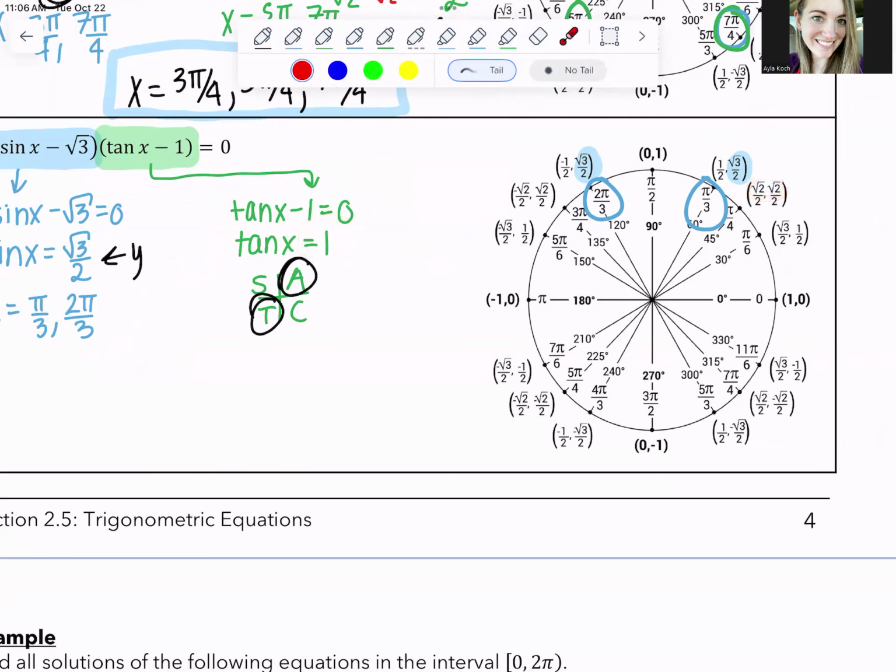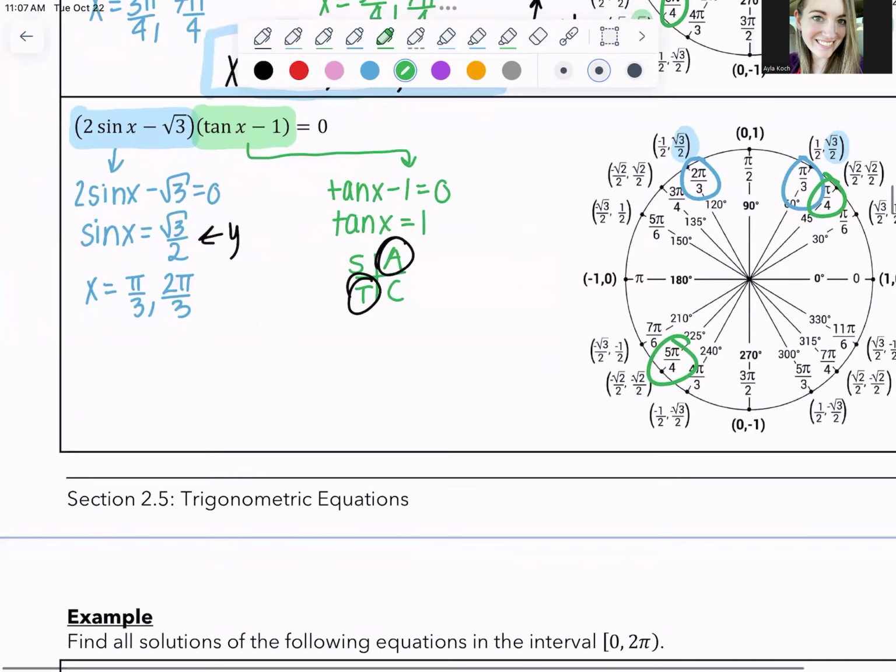Square root 2 divided by square root 2 is just 1 when you divide these guys. So it's the pi over 4 angle in quadrant 1 and the pi over 4 angle in quadrant 3. Negative square root 2 over 2 divided by negative square root 2 over 2 is 1. So I have x equal to pi over 4 and 5 pi over 4. I have 4 total answers here.